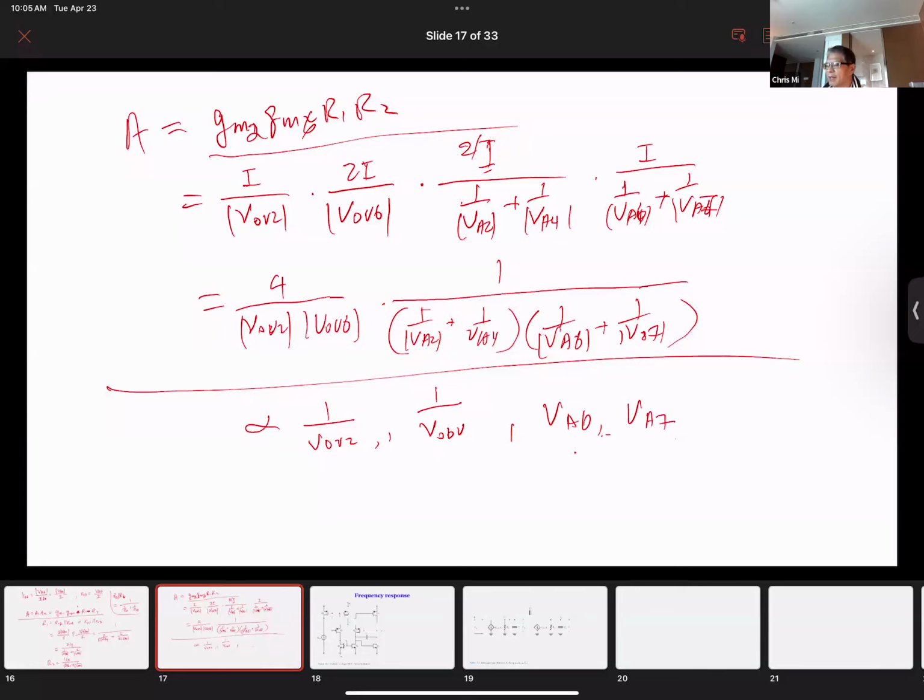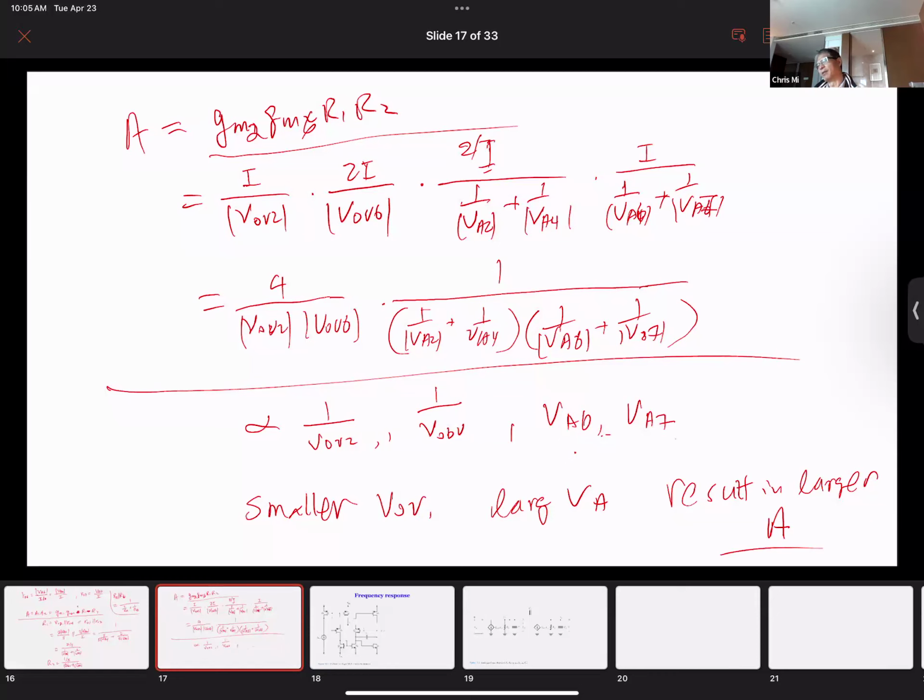So which means if we make a smaller VOV and a larger VA, it will result in a larger gain.